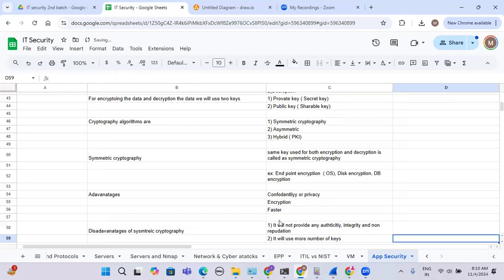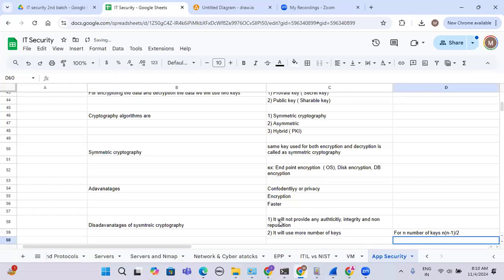So what is the formula, as per the mathematical calculations, that these scientists invented for the symmetric cryptography side? It is n into (n minus 1) by 2 for n number of keys. Formula equals n(n-1)/2.